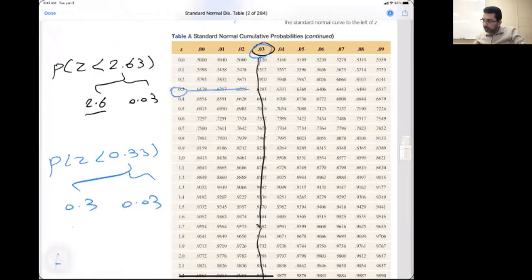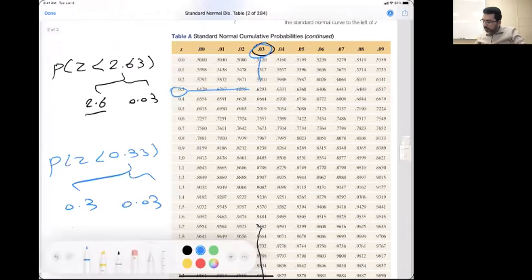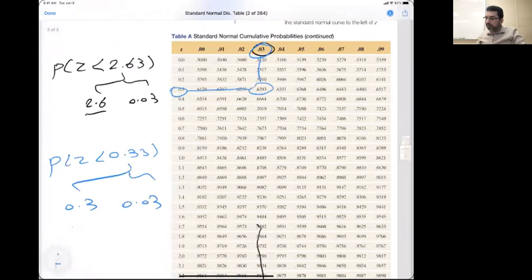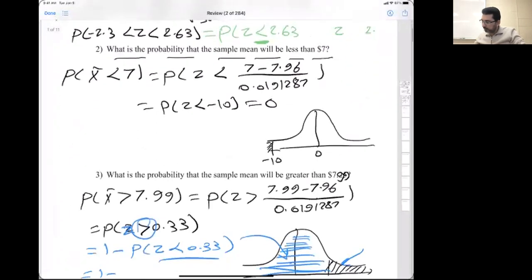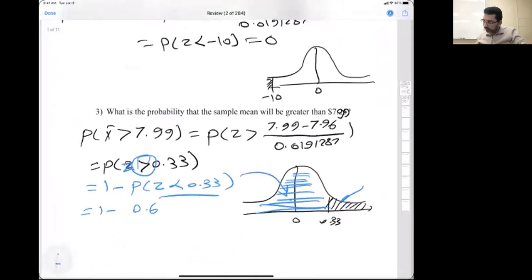So the intersection between them is 0.6293.